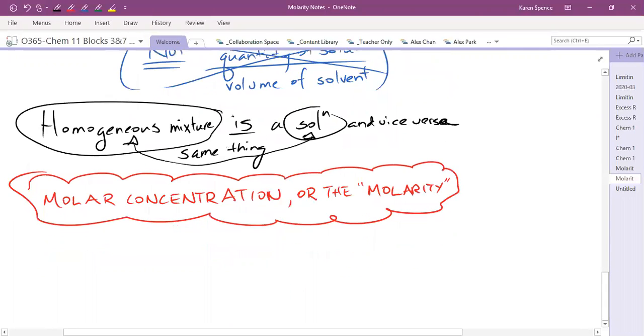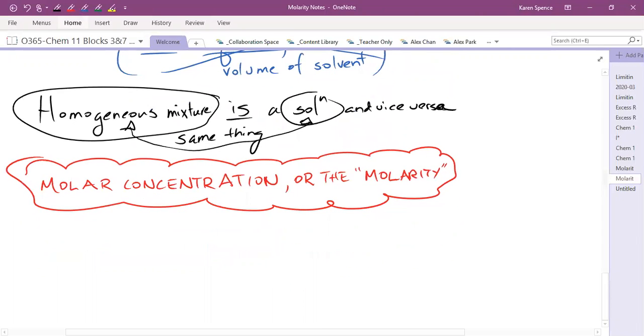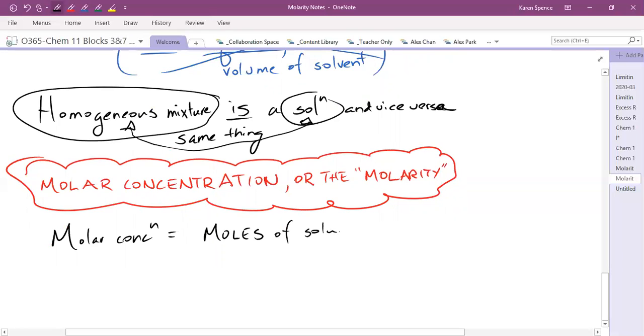The molar concentration is the moles of solute, that's our quantity of solute, over the liters of solution.